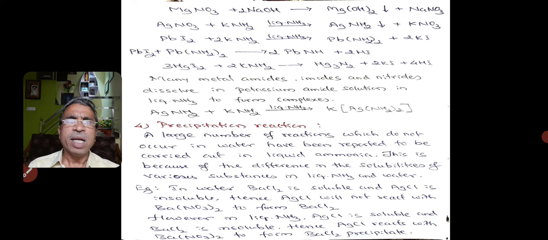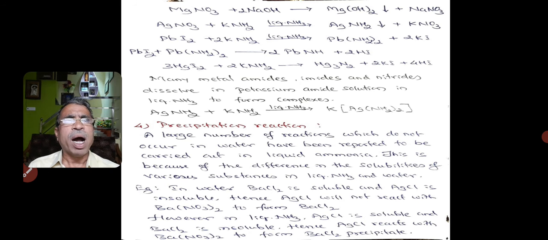Similarly, lead iodide, which is a salt, when treated with a base, that is potassium amide in liquid ammonia, gives lead amide and potassium iodide. So silver amide and lead amide are the precipitates, just like magnesium hydroxide.